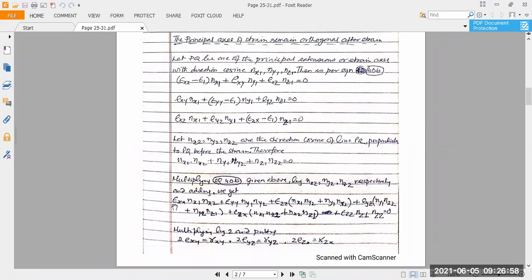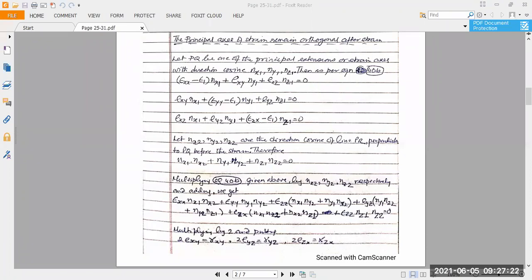Thus epsilon xx, epsilon yy, epsilon xz have these coefficients with them, so it makes another very complicated equation itself.